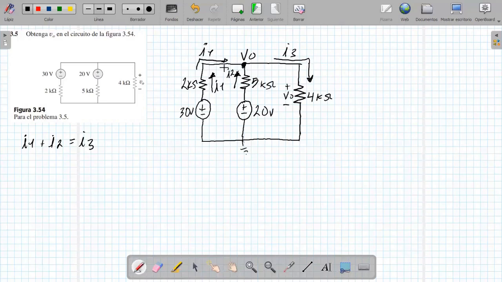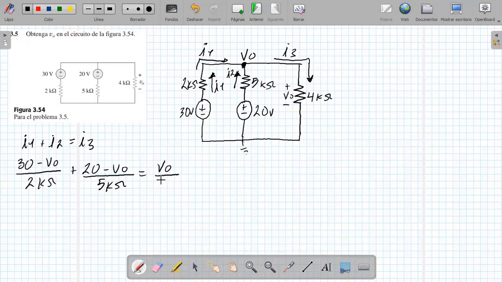Since the 30 volts is greater than the voltage V sub 0 in the direction of the current, I1 is 30 minus V sub 0 over 2 kilo ohms. This is voltage over resistance equals current. Plus the current I2, which would be 20 volts minus V sub 0 over 5 kilo ohms. And all this is going to be equal to I3, which is V sub 0 over 4 kilo ohms.